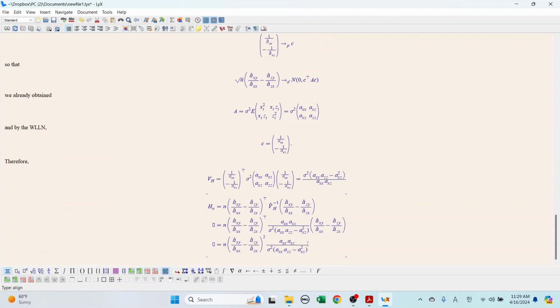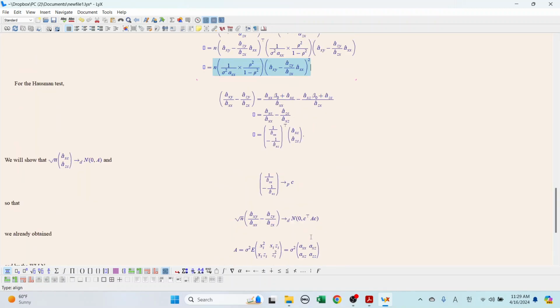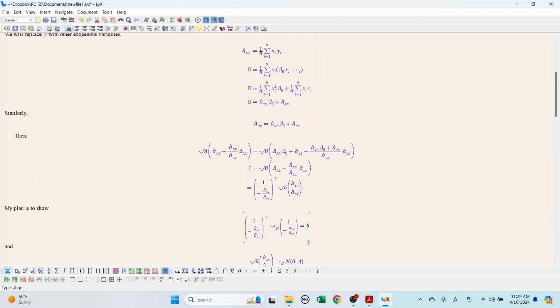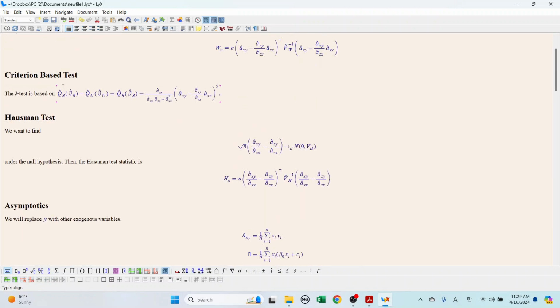And then what you can compare here is you have to multiply something to this criterion based J test so that all the test statistics are the same, right? So let me check it again if they are the same thing. Oh yeah. Oh, it's given.